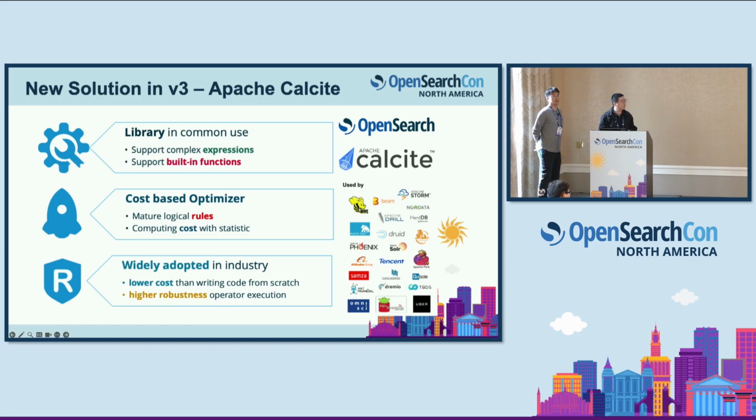Also, the coolest thing is that Calcite provides a cost-based optimizer and includes lots of metrological rules, and it can use cost and statistics to find out which is the best plan to execute. Calcite is also widely adopted in industry, so there are lots of tests for this library, so I think that is more reliable.